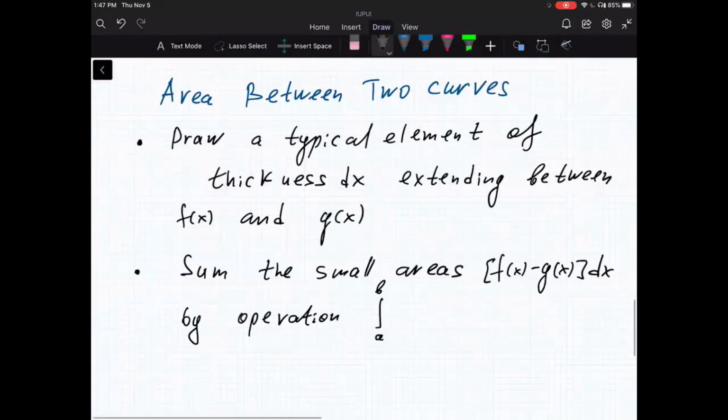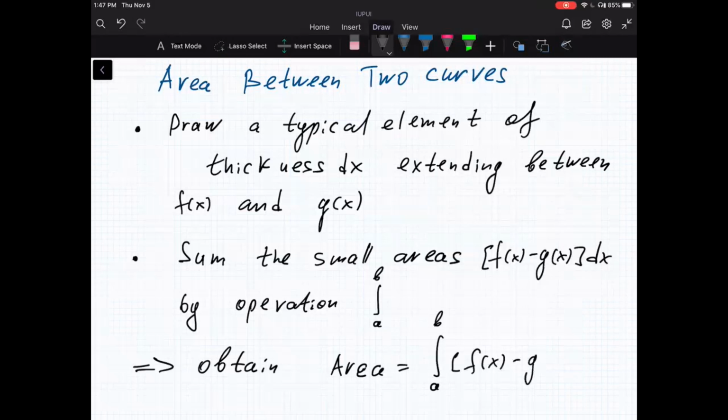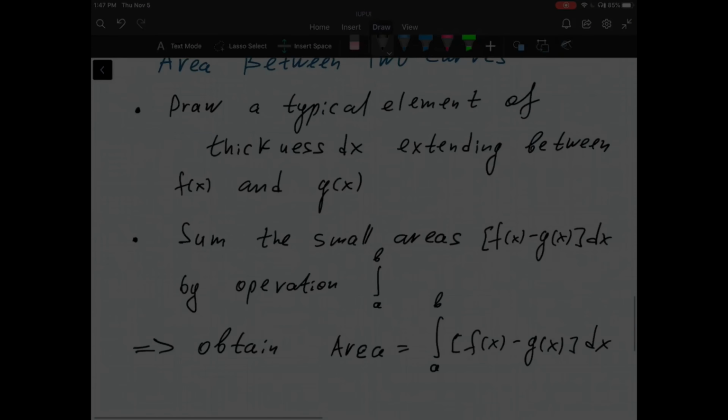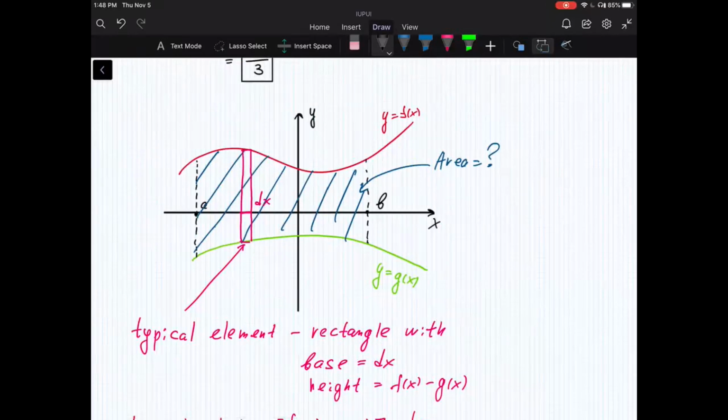And we will obtain that the area is equal to integral from a to b f of x minus g of x dx.